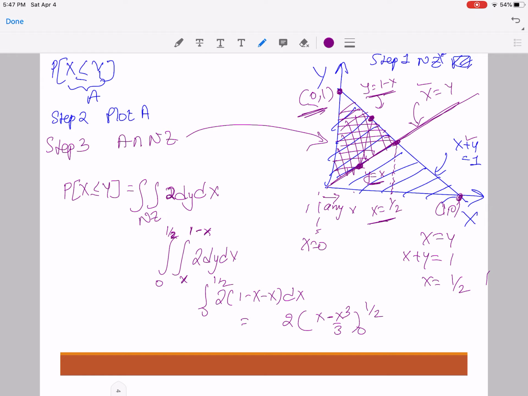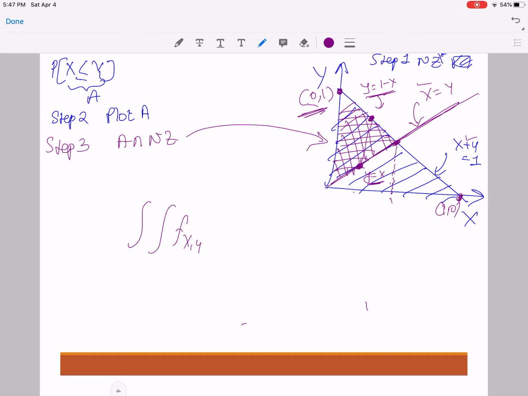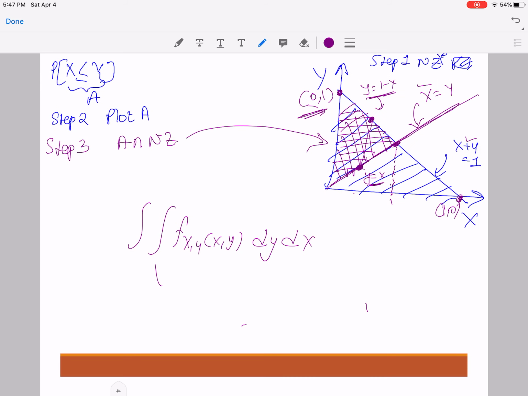So in general, when we evaluate the double integration to find the probabilities of a given region, this is how you're going to identify the limits, after you have identified the region of non-zero probability intersect A. So you have f of x comma y, let's say dy first and then dx.